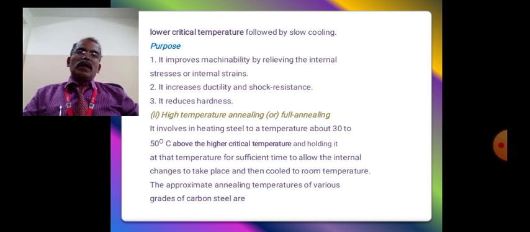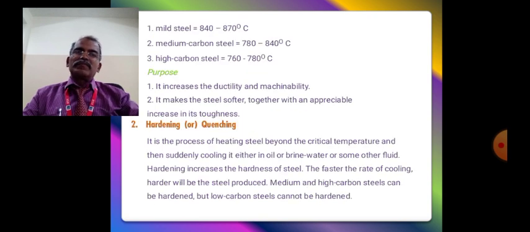It is allowed to let the internal changes take place, then cooled to room temperature. This is high temperature annealing.